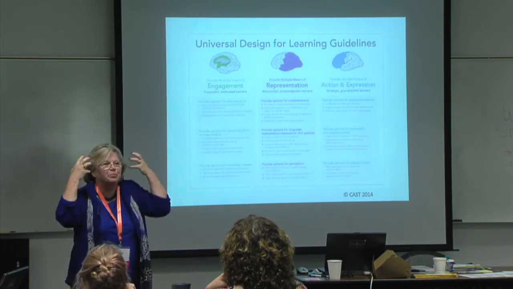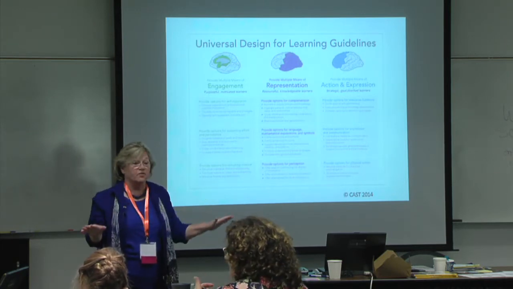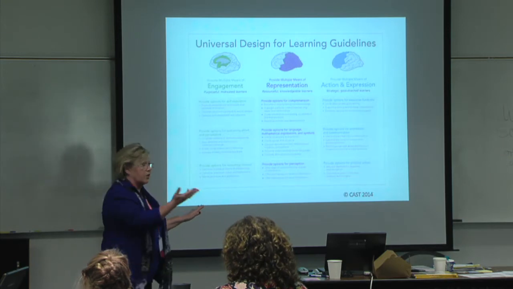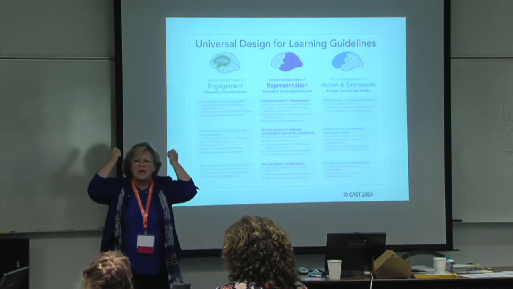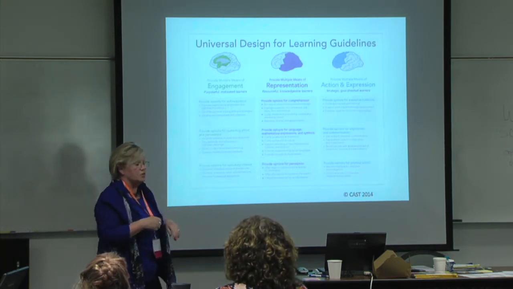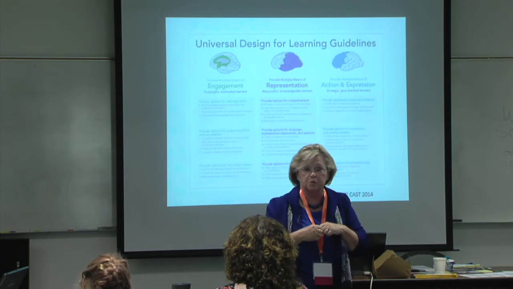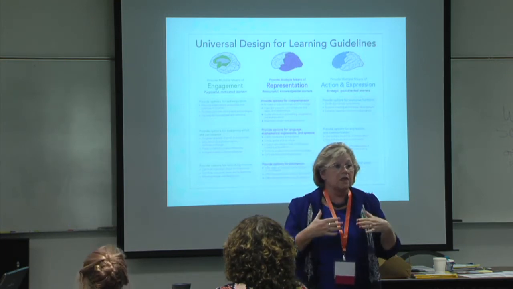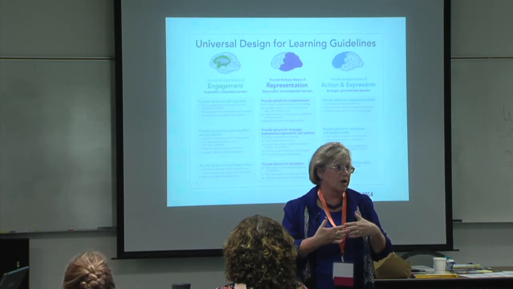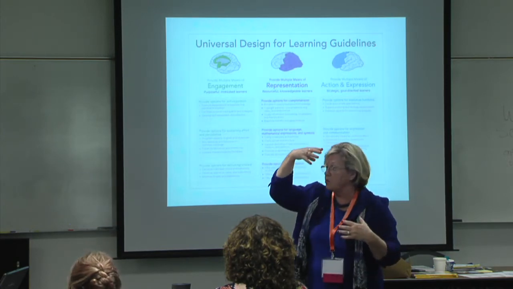It's really about comprehension, starting from just perceiving and identifying information in our environment to comprehending it at a deep level. And then the third principle, providing multiple means of action and expression, is associated with our strategic networks in the brain. Those networks originate at the front part of the brain.